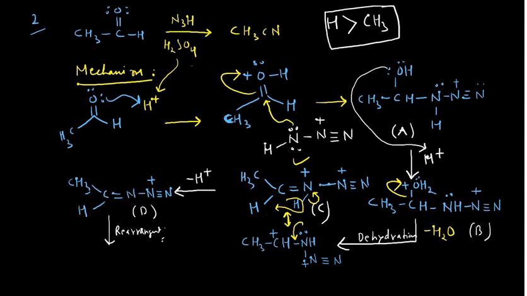This hydrogen along with the electron pair will go to this nitrogen, and this electron pair will go to the nitrogen, and you have removed nitrogen from there, and then your species would be CH3C double bond NH. There is no problem in that. Of course this carbon is electron deficient, so it should have a positive charge over there.